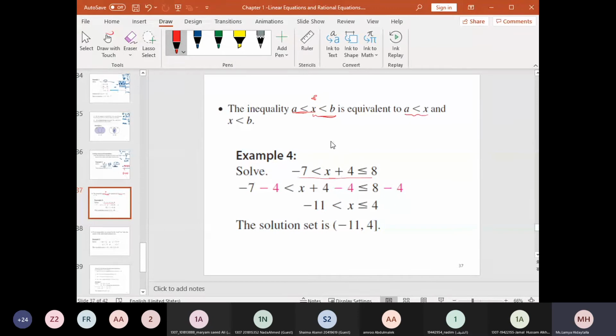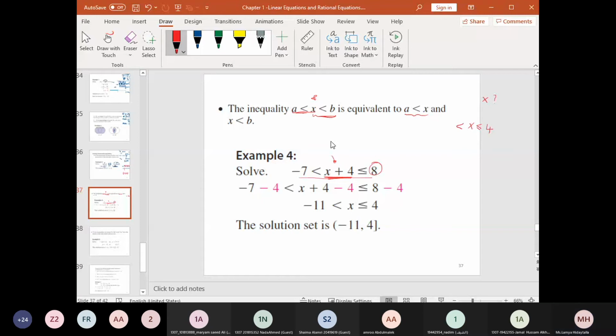Look at what we need: the values that x can take. So I need to have x alone. What do I do? Here I want to get rid of the 4, so I subtract 4 from each part. When I subtract 4 from each part, here x plus 4 minus 4 gives x, which is less than or equal to, and from the 8 I subtract 4: 8 minus 4 is 4.